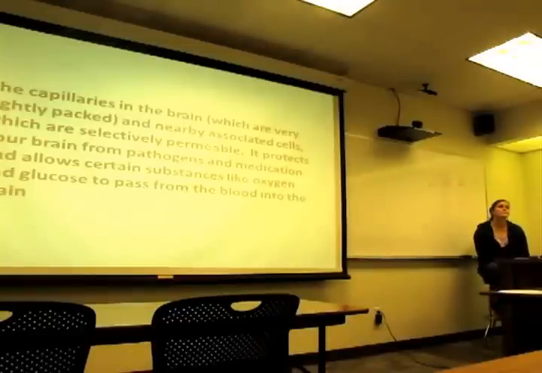I'm not really sure exactly how it blocks it. I just know that it's particular about what it'll let in and out, like there's some sort of door system. It's selectively permeable, and it has very tight junctions.